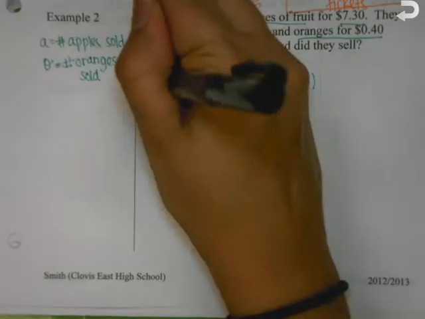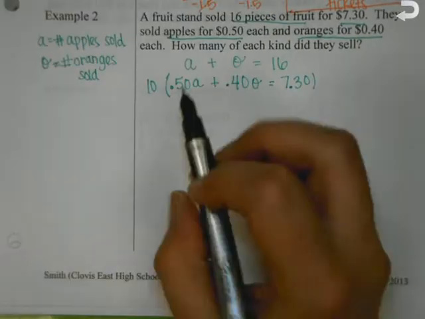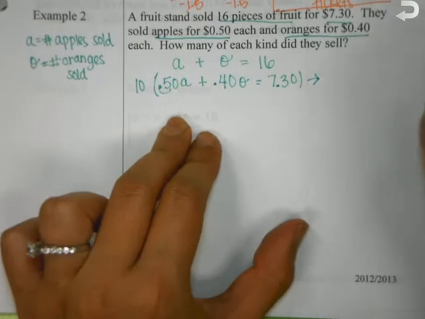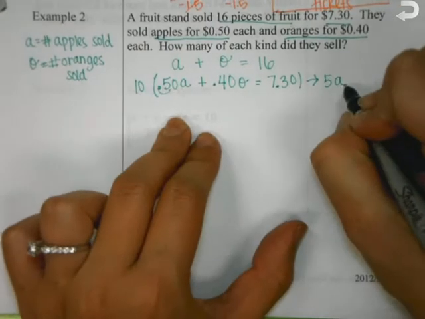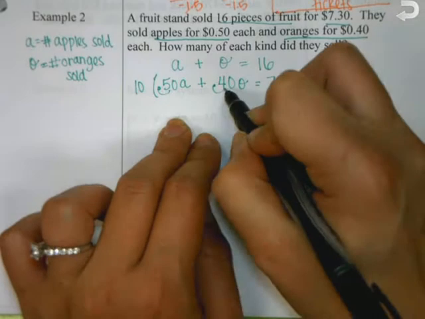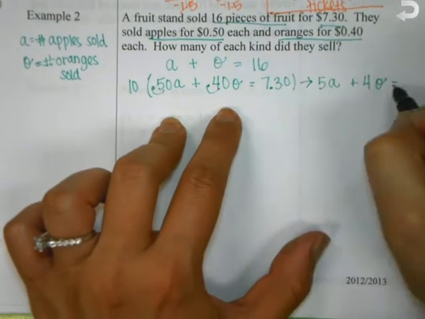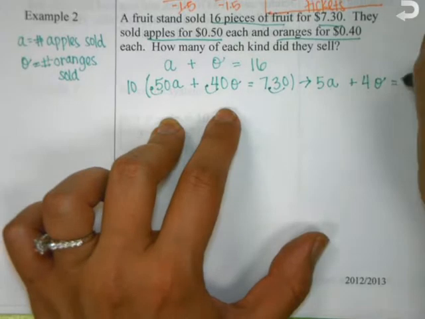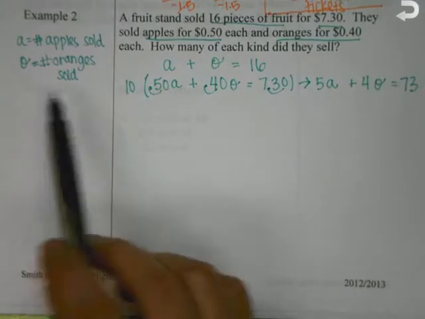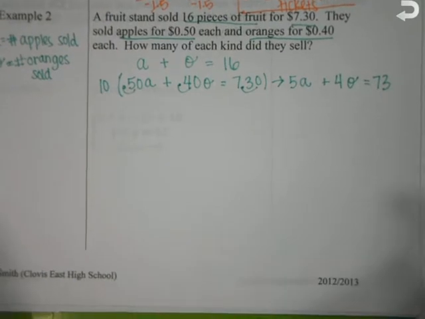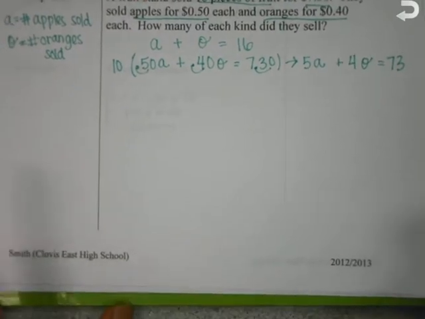So that's going to give me, and I'm going to write my new one off to the side, 5A plus 4O equals 73. So we don't have to move two spaces.